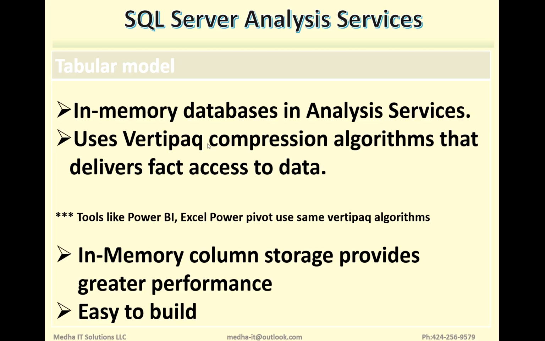The VertiPaq engine is responsible for compressing the data so that retrieval is faster. Tools like Power BI, Excel, and Power Pivot use the same VertiPaq algorithms. So, the underlying engine for all these tools, like Power BI, Power Pivot, Power View and all, is VertiPaq.